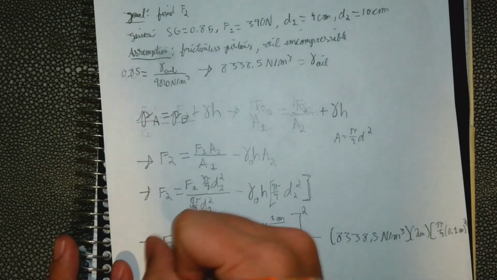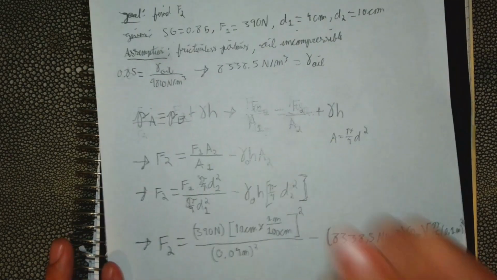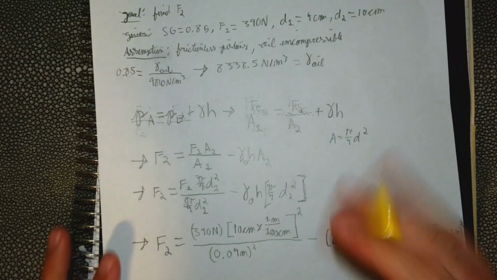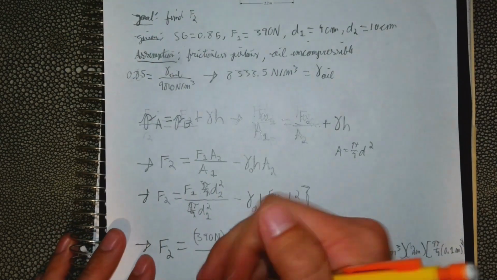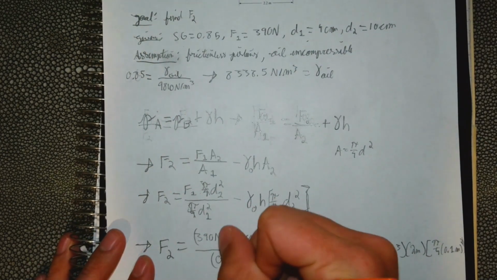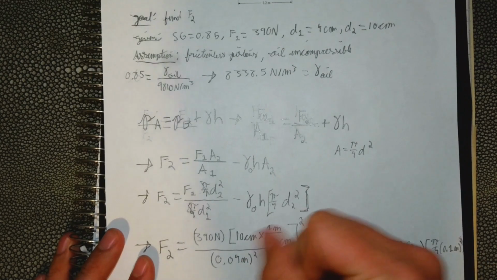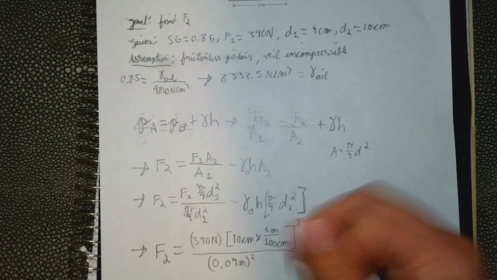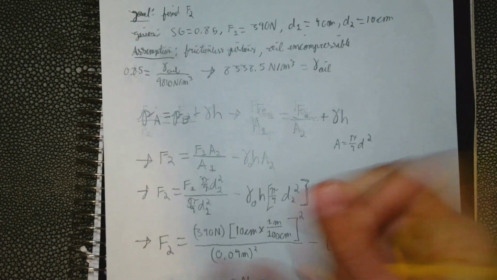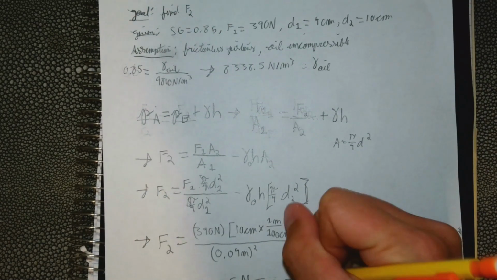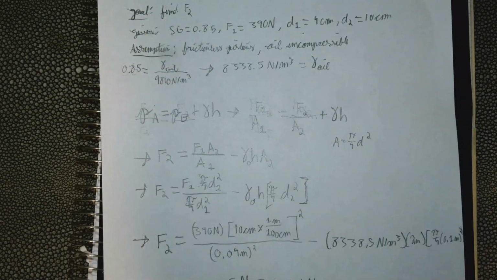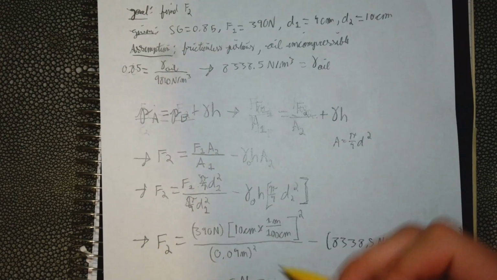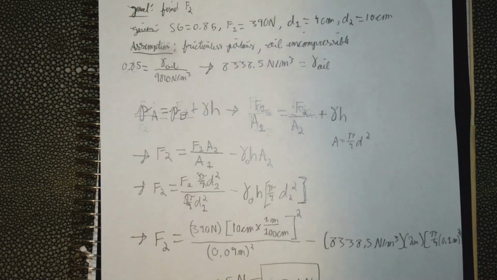Okay, if you put this all in the calculator, you will get that the force on piston 2 is 2,306.5 newtons. If you want to convert that to kilonewtons, it will be about 2.31 kilonewtons. And that will be the force acting on piston 2, and that will be our answer.